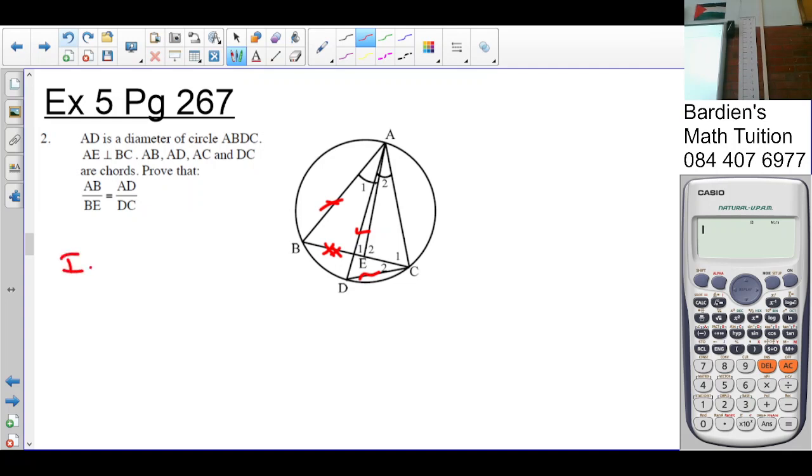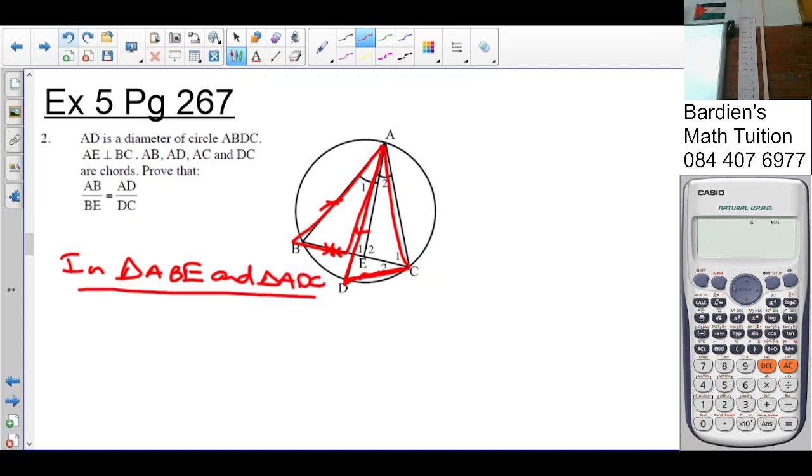It's going to be in triangle ABE and triangle ADC. Why am I going with those triangles? So that I can pick up the lengths they are referring to. You guys understand?